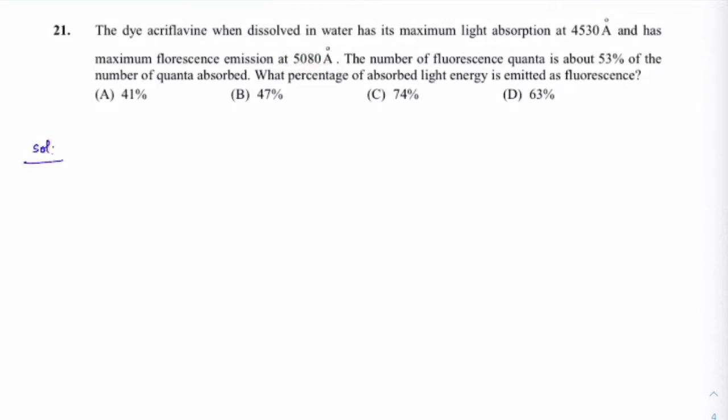So fundamentally I want you to understand that when light falls on any surface, some part will get absorbed and some part will get emitted. Now the lambda absorbed here is given as 1430 angstroms, while lambda emitted is given as 1580 angstroms.